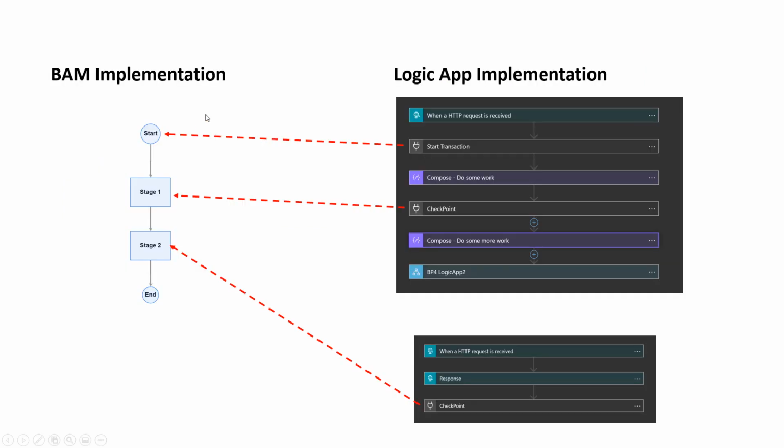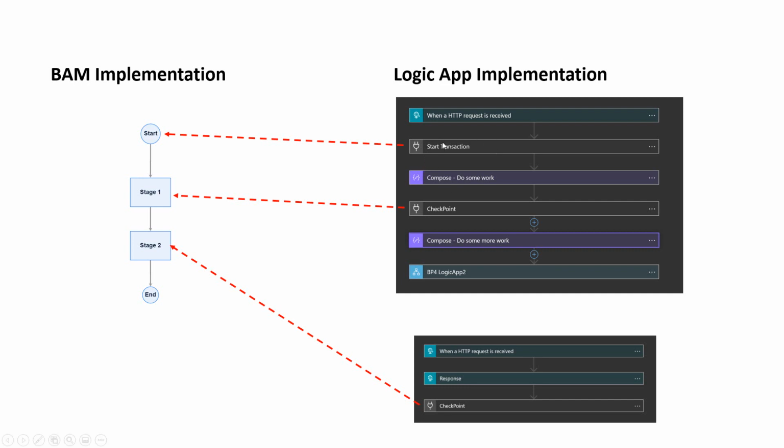Let's look at how this might happen. We've got a process where we step through stage 1 and stage 2. When we implement this, we might start the transaction, do some work, then do a checkpoint, do some more work, then call the second logic app. When we call a child logic app, we can pass some information through, in this case the transaction instance ID created by the start transaction shape.